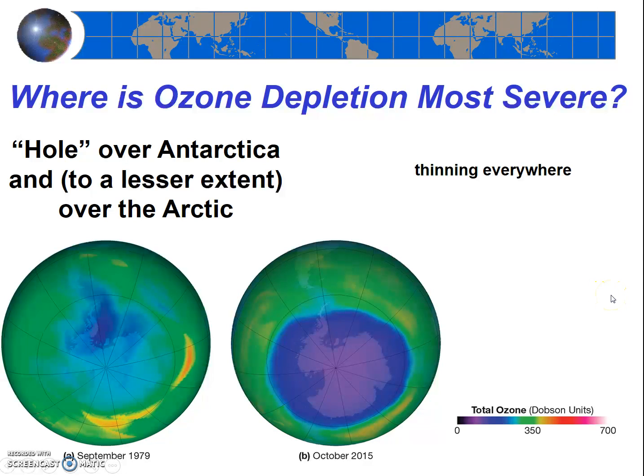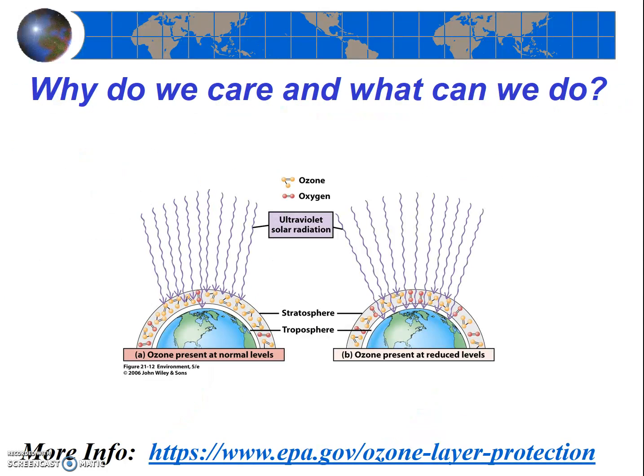As noted, the same phenomena exists over the northern pole, but it's just not as severe because there isn't as extreme a circumpolar vortex in the northern hemisphere. So why do we care about this, and what can we do?